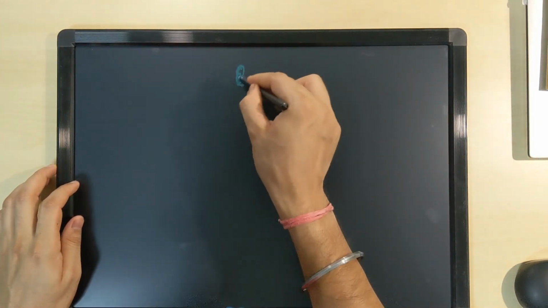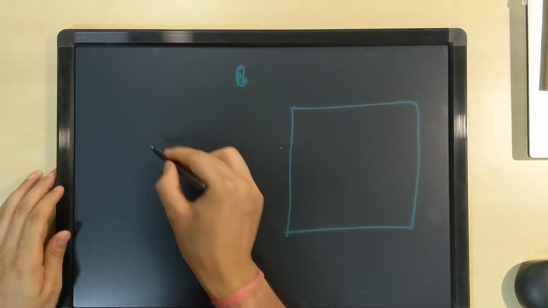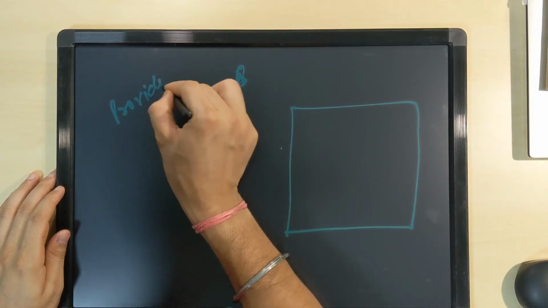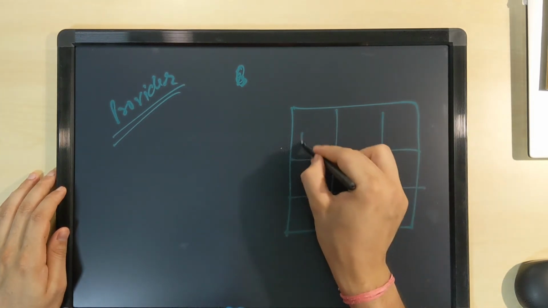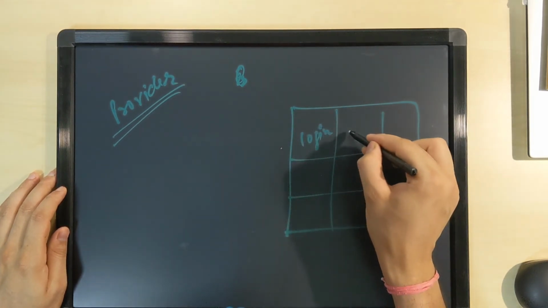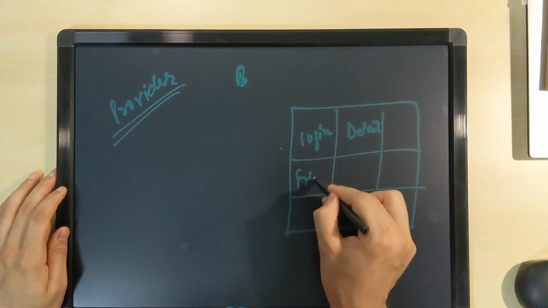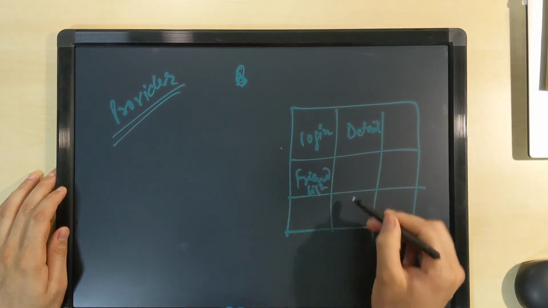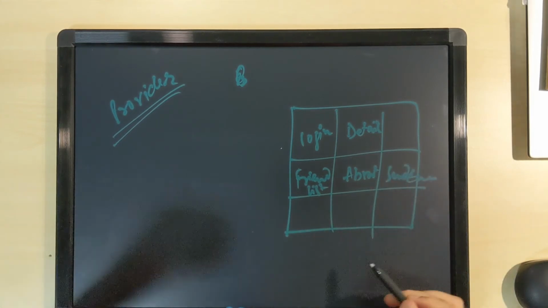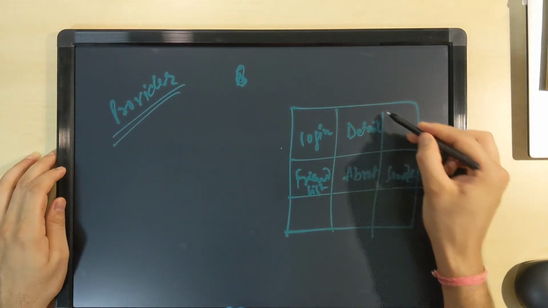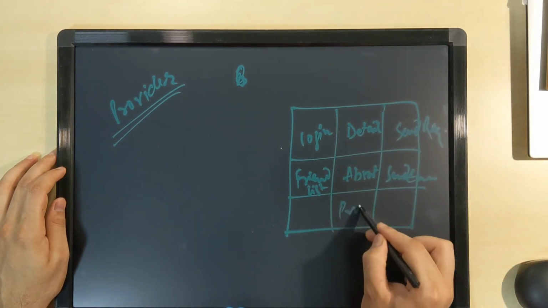So something like how it will work, like this is your project and this is your provider. Okay, so this is your project, something like login and detail here, like friend list, or something like about, send mail, and here if you want to send request here, profile picture.